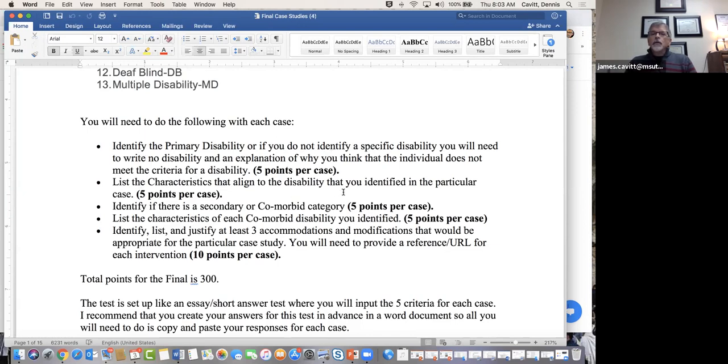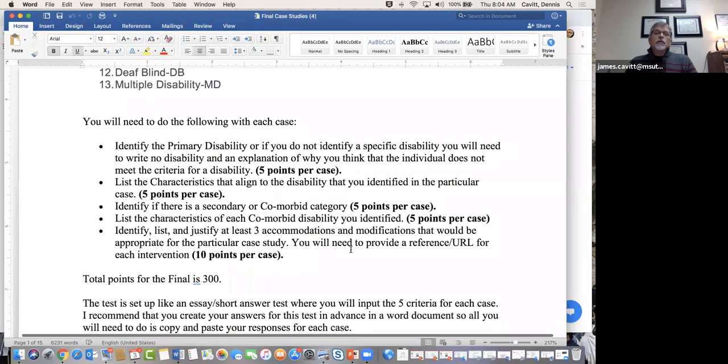List the characteristics for the disability that you see in that case. And then if you think there might be a secondary disability, list it. If you don't, just say no secondary disability. And if you see a secondary disability, list the characteristics. So that's the comorbid case.